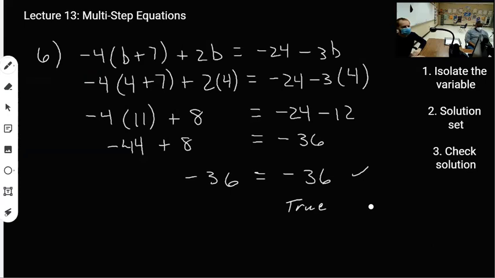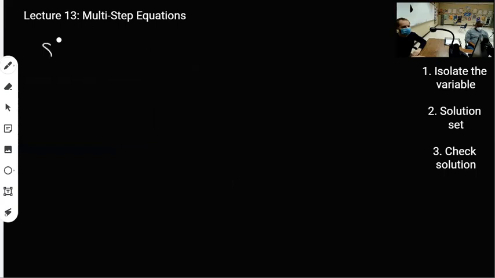Let's try 8, and then the last one we'll do is 10. All right, for 8, I've got negative n minus 4 equals negative 14 plus 5n. So what can I do with this one? Notice on the left side that I have the distributive property.